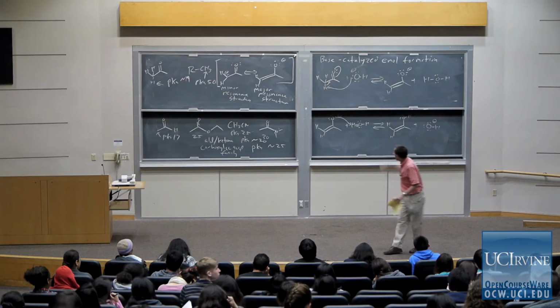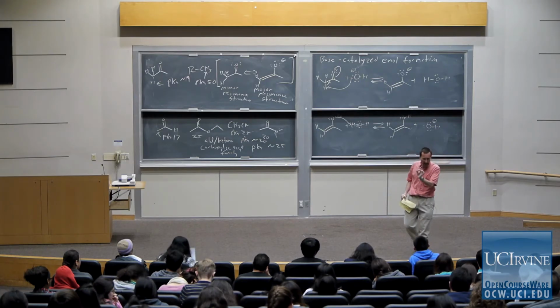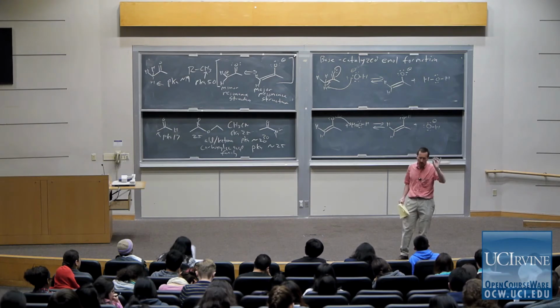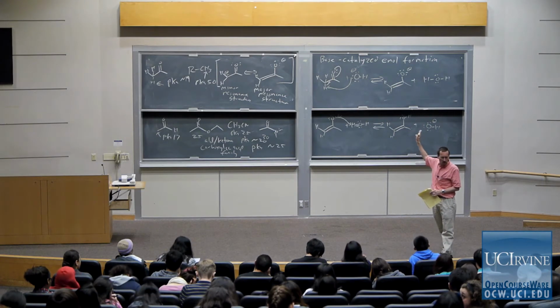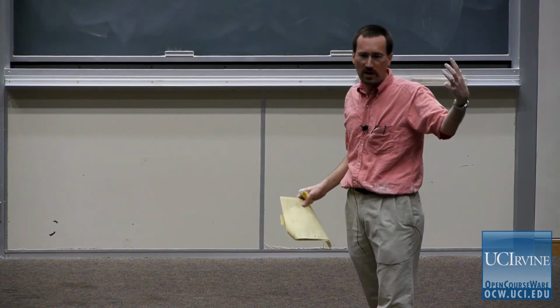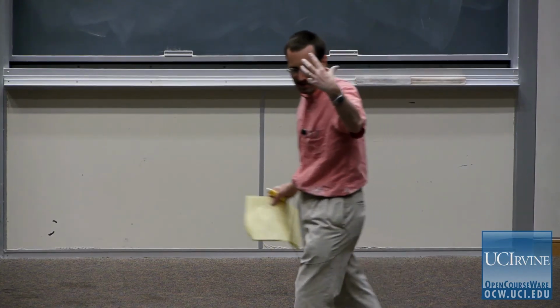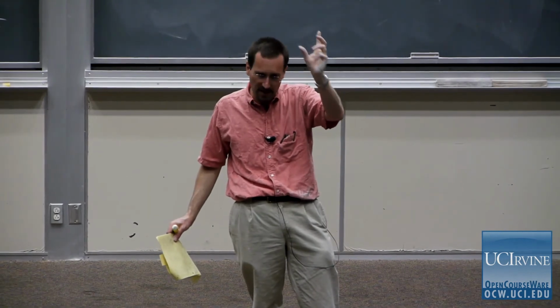If you want an example where you have very little enolate and the equilibrium still goes, substitute triethylamine as the base in this reaction. Remember we said that for acetone we have 1.5 times 10 to the negative 7 as our equilibrium constant, so there's not a lot of enol.